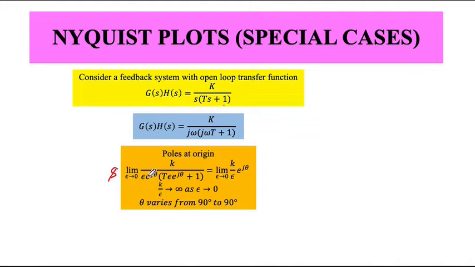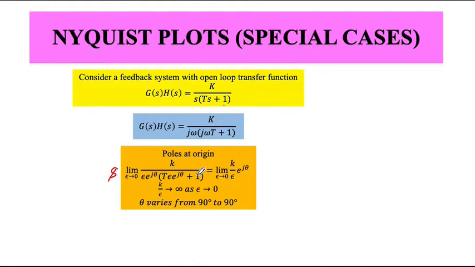Now we see how s is defined by this little semicircle, epsilon e^(j theta), where theta moves from minus 90 to plus 90.